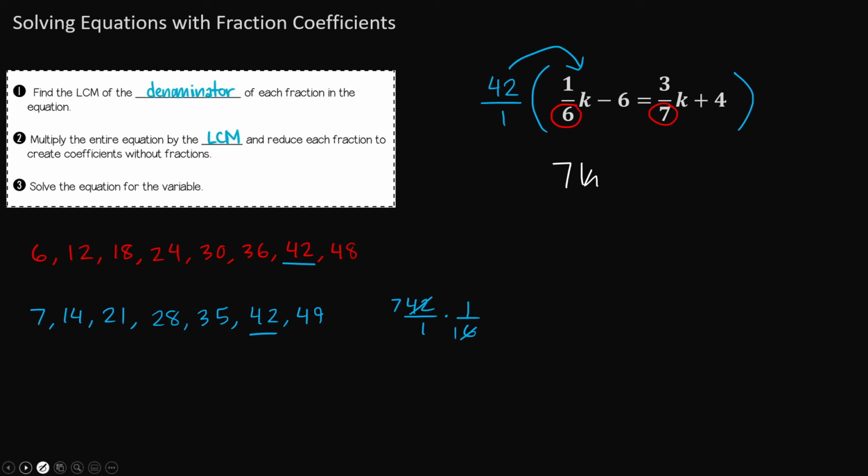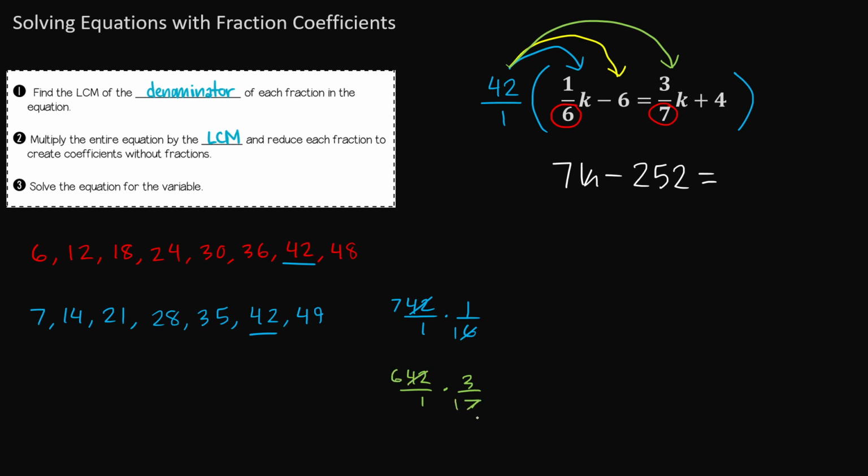And then we're going to multiply the next term. 42 times -6, that's going to be a negative number. 42 times 6 is 252. So this is negative 252. Let's now multiply 42 by 3/7 k. So 42 times 3/7. We can cross reduce here. 42 and 7 would reduce to 6 and 1 because 7 times 6 is 42.